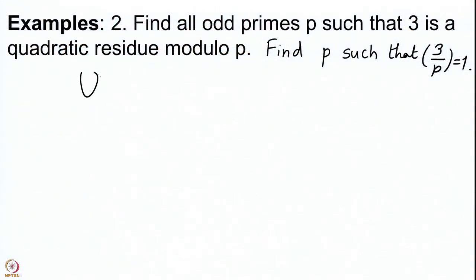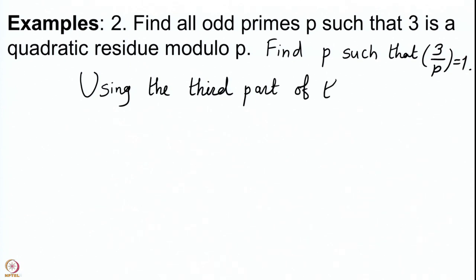So, here we have to switch the orders because 3 by p is not very useful, whereas p by 3 would be useful because modulo 3 we know what the squares are. Modulo 3 there are only 2 non-zero numbers, 1 and 2, and out of these 2, 1 is a square, 2 is a non-square. Okay, so we are going to use the third part of the quadratic reciprocity law.